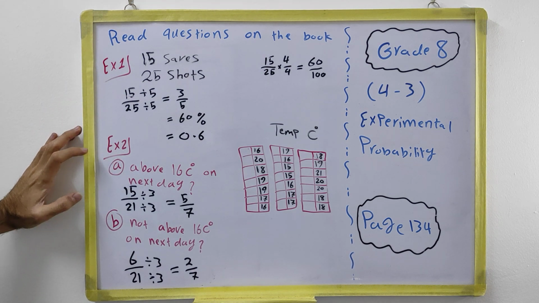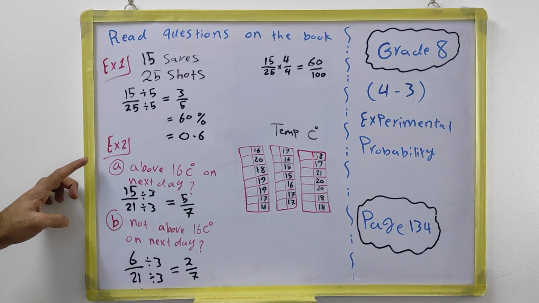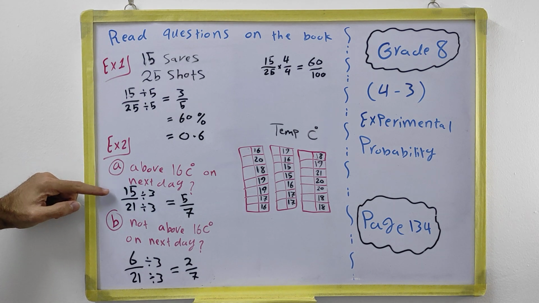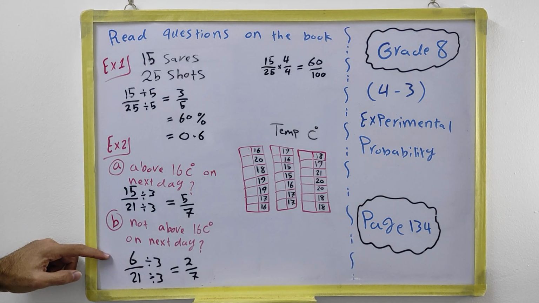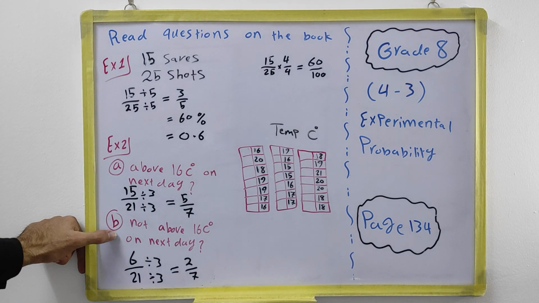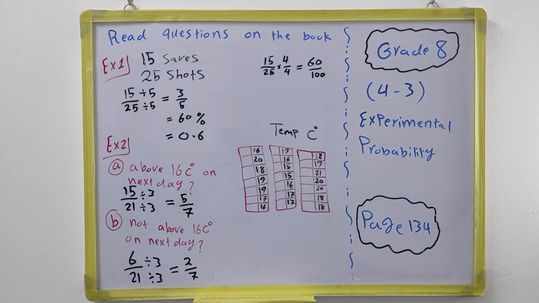For the temperatures, because for the past 3 weeks it was like that, for the next day to be above 16 we count how many days it was more than 16. We counted 15 over 21, so the rest is not above 16. Just be careful about that one, which is not above 16. It means 16 itself or less than 16. That's all about experimental probability.